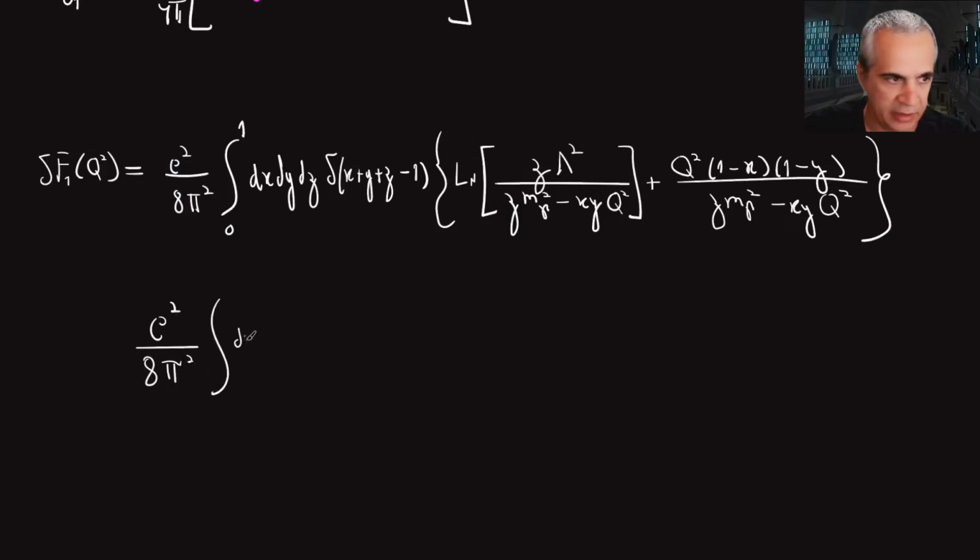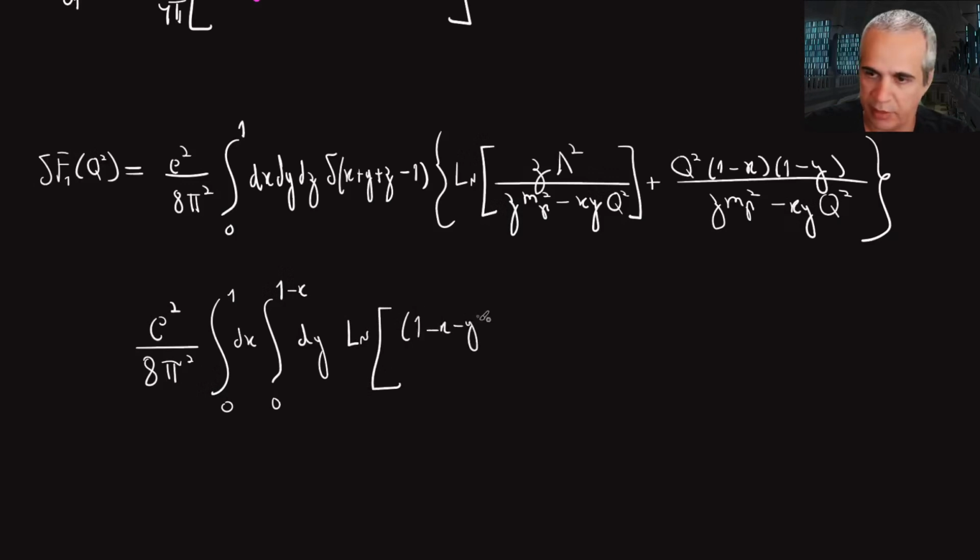I also did the integration in z here, so now I'm left only with the integration in x and y of this log of 1 minus x minus y, because I integrated in z, minus xy q square. And then you see that even if I take the mass of the photon to 0, this integrates fine to alpha over 2 pi.